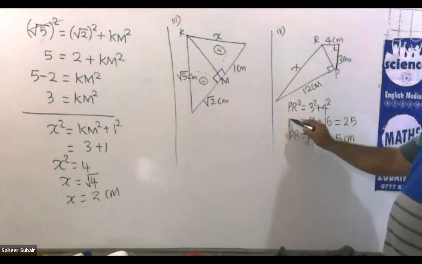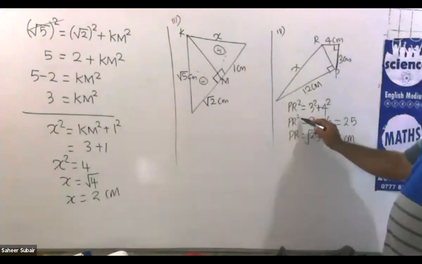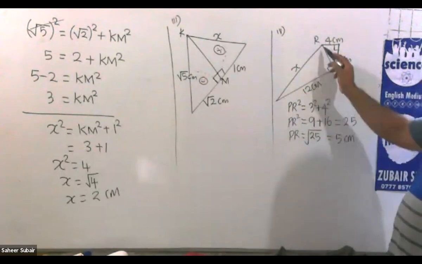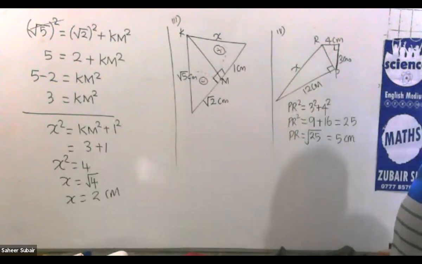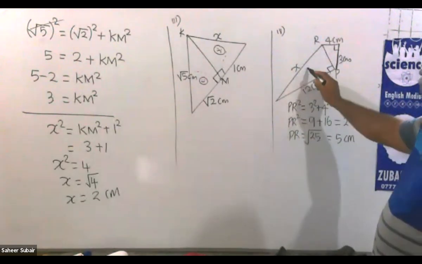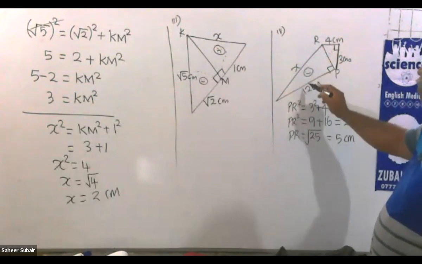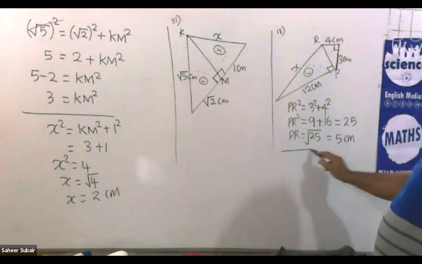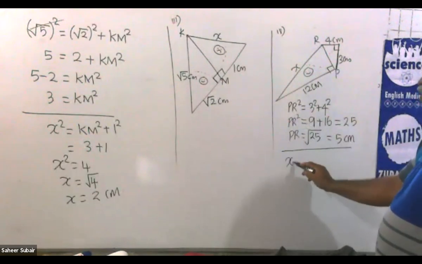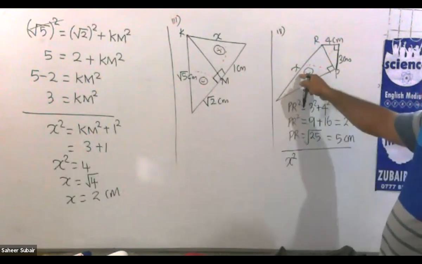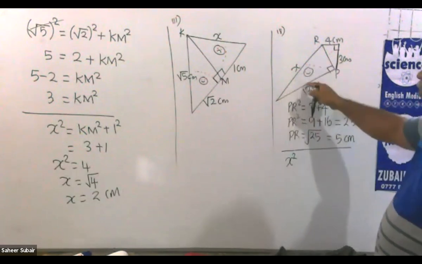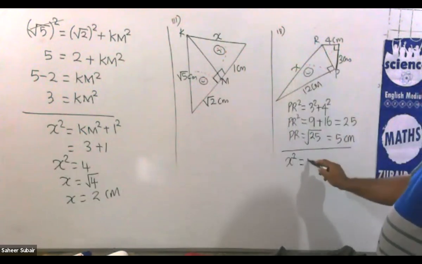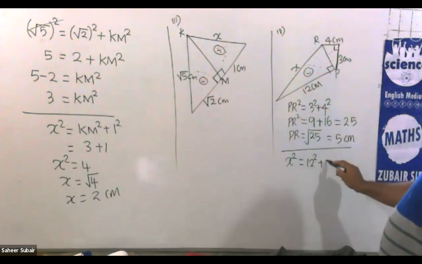Or we can leave it the same way as PR squared, because we don't need to find this, we have to find this. Then in this triangle, the hypotenuse is this, opposite to the right angle. Then in that triangle, x squared, this side squared, is equal to the sum of the other two squared. Then 12 squared plus PR squared.